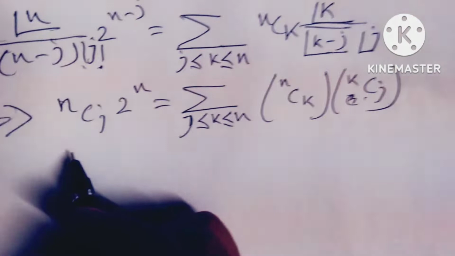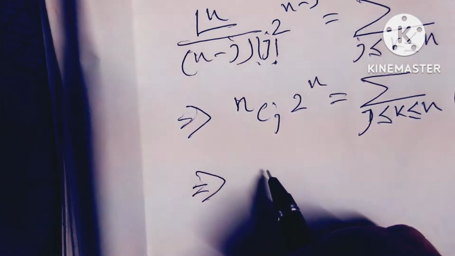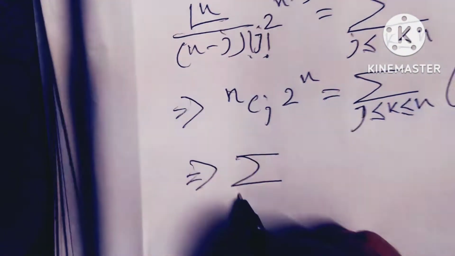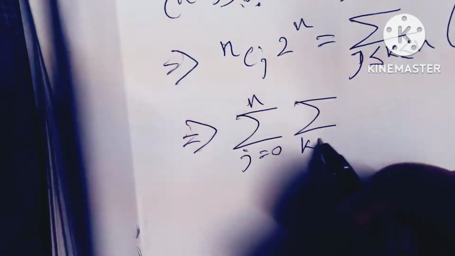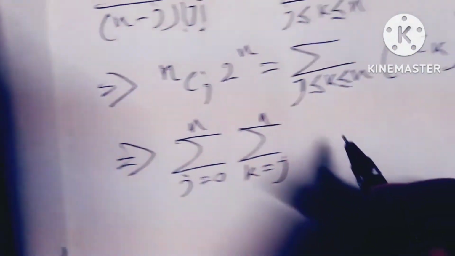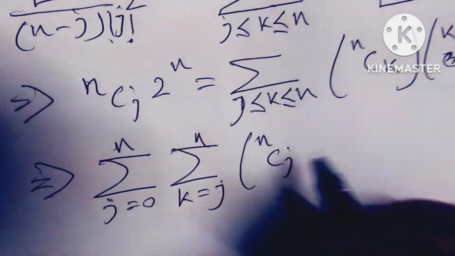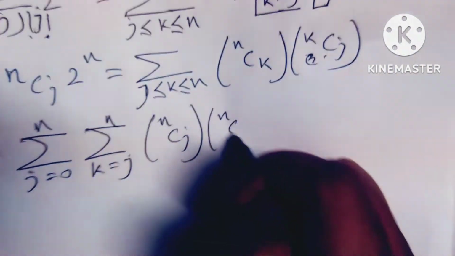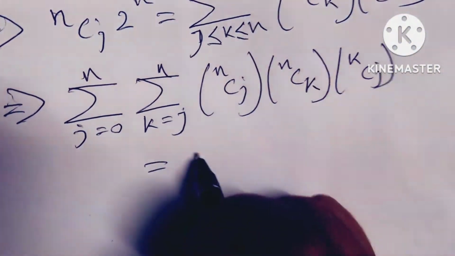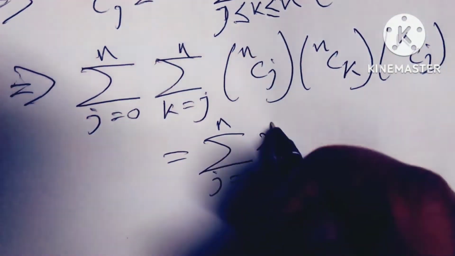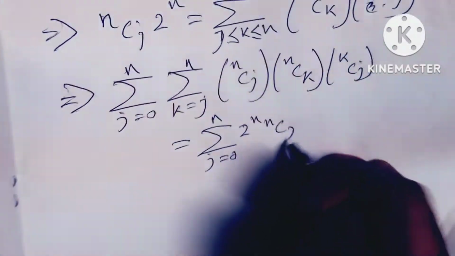Again friends, we can see that summation j equals 0 to n, summation k equals j to n of C(n,k) C(k,j) equals summation j equals 0 to n of 2 to the power n times C(n,j) whole square.